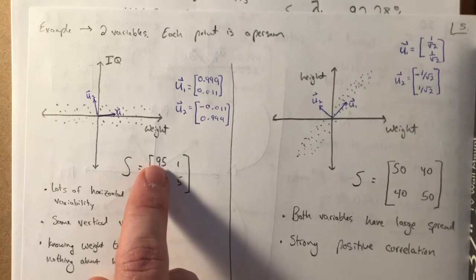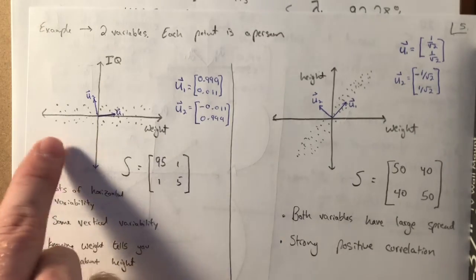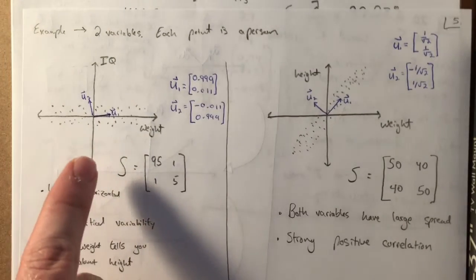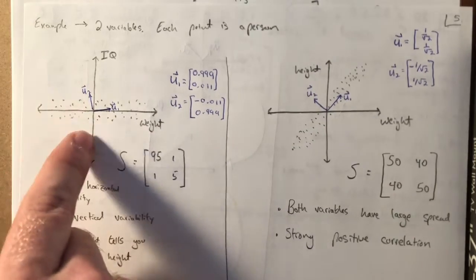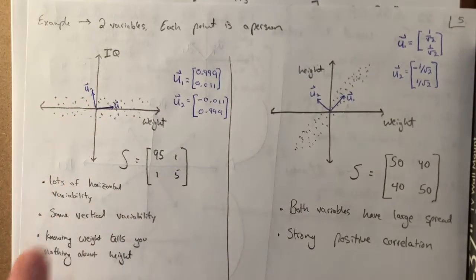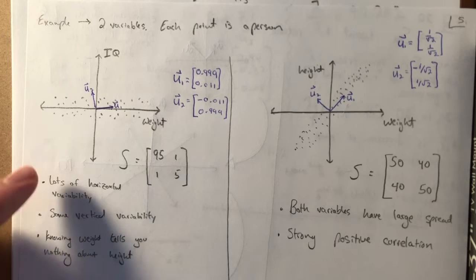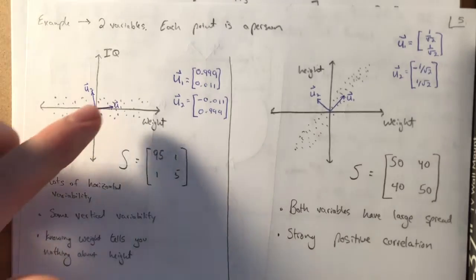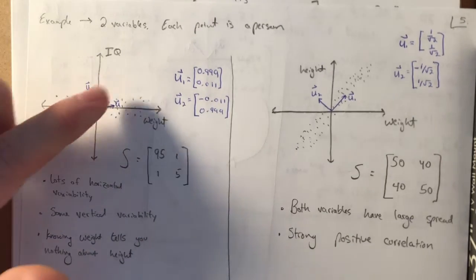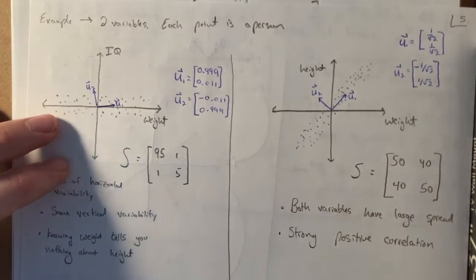We see that for weight there's a large spread, 95, and the IQ spread is 1/20th of that almost. Not a lot of spread there. And we see there's not a lot of correlation between IQ and weight, so the covariance of those two variables is going to be very small.